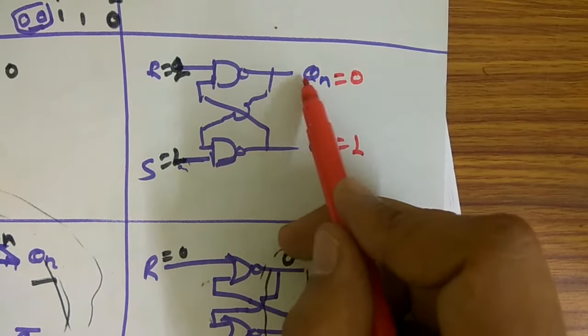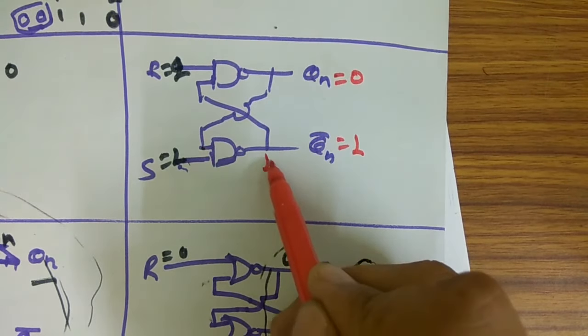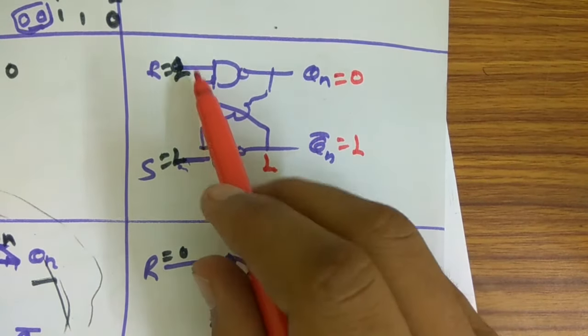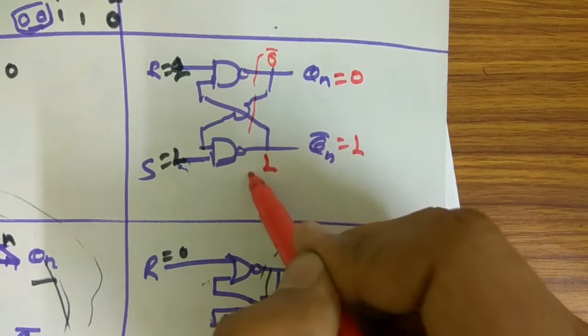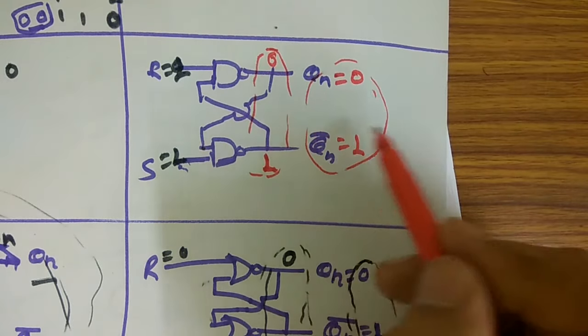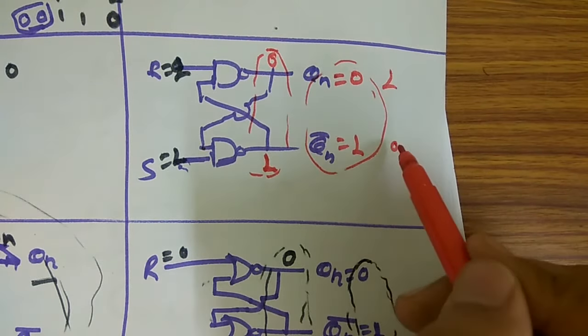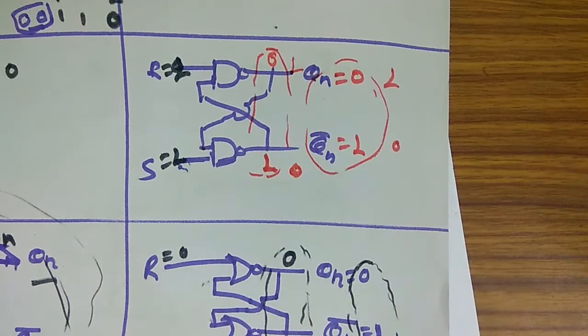So this 0 will come here and this will give our output as 1, and this 1 goes there and this will give output as 0. This is similar to if we take 1 and 0, so this will give output as 1 and 0, the same as before.